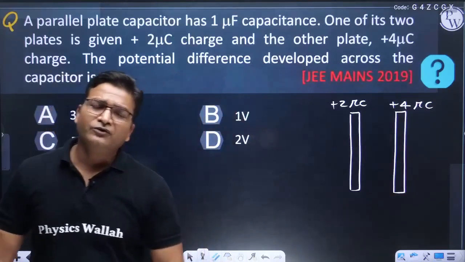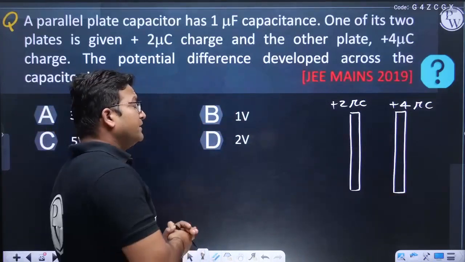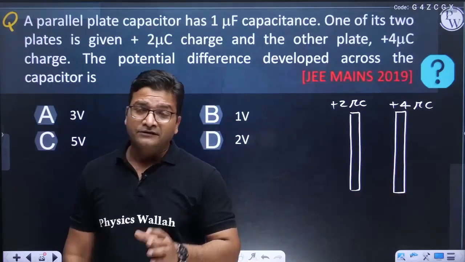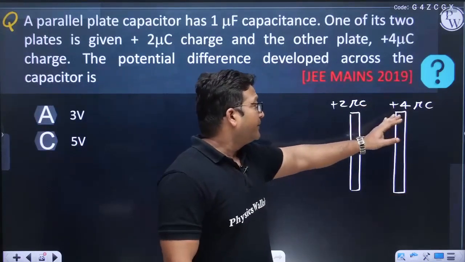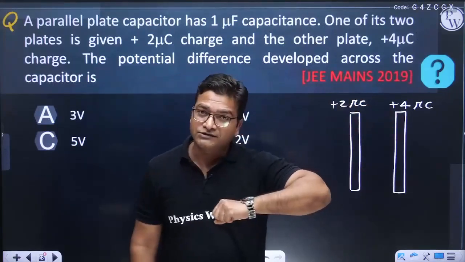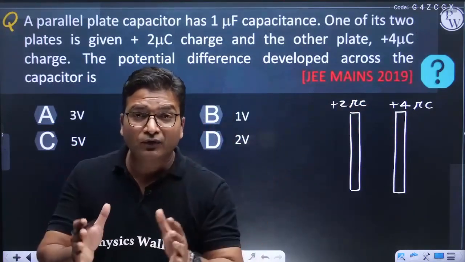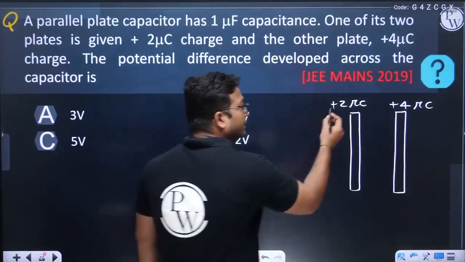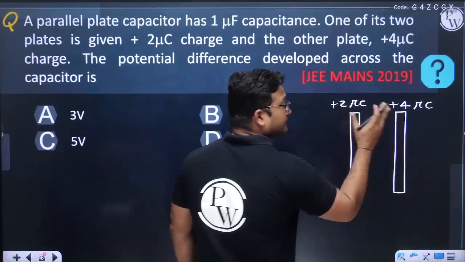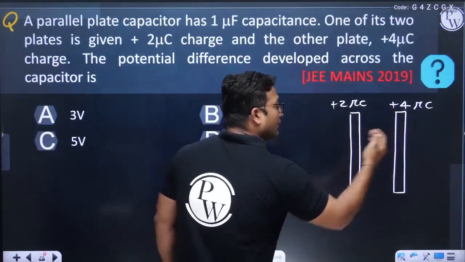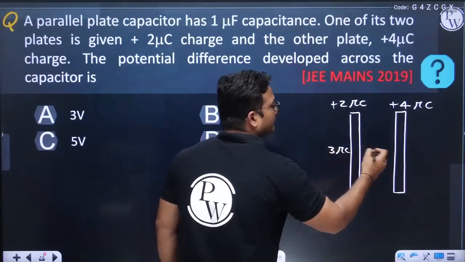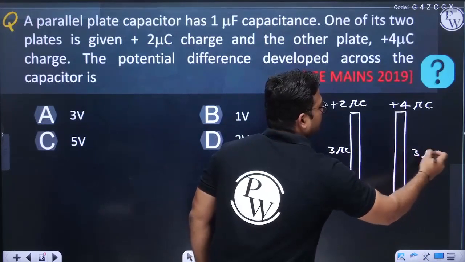In Gauss's law you must have studied, if you give a pair of parallel plate conductors these charges, the half of the total charge resides on the outer surface. So the total charge is 2 plus 4, that is 6 microcoulomb. So on the outer surface we will have 6 by 2, that is 3 microcoulomb positive.